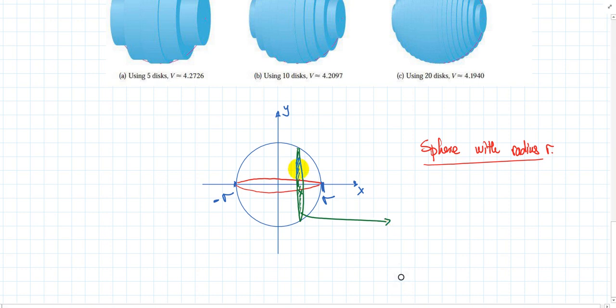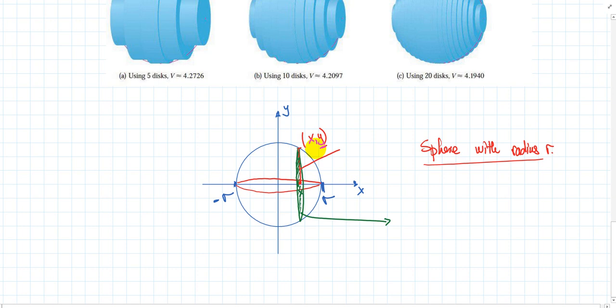How to find this distance? By knowing the coordinates of this point. The y coordinate of this point tells me the distance between the x-axis and this point. It tells me the radius of this circle.